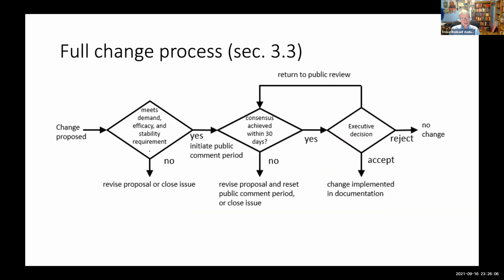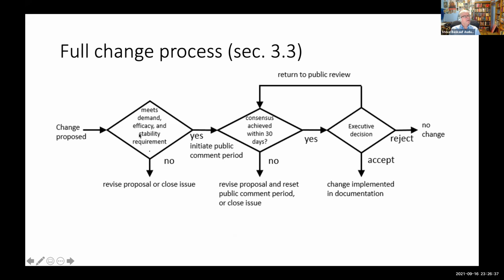So in a nutshell, the full change process looks something like this. It's similar to the standard ratification process in that a change is proposed, but instead of the executive or a review manager deciding on the suitableness of this change, it's the maintenance group that does that. So they check to see whether the proposed change meets those 3 requirements.